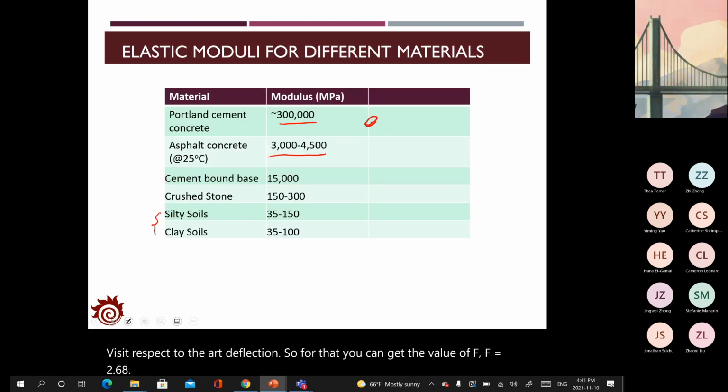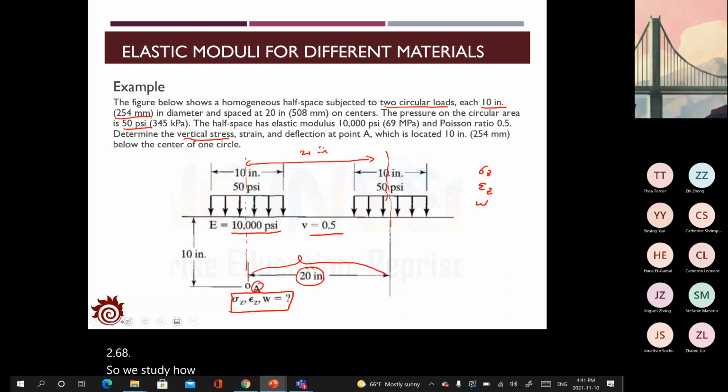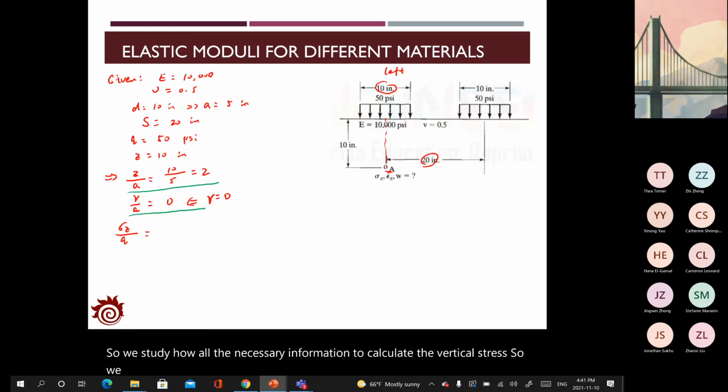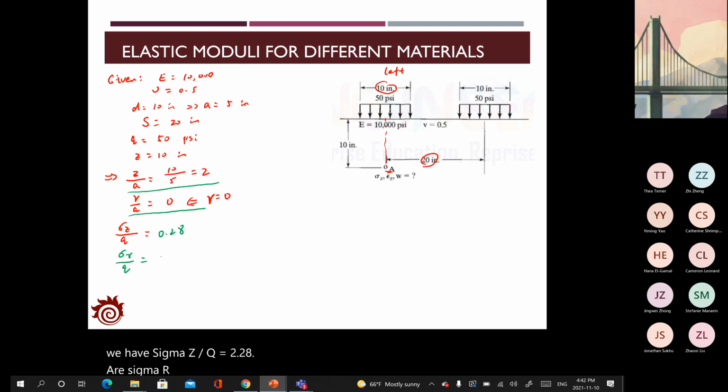So with that, we have all the necessary information to calculate the vertical stress. So we have sigma z over q equal to 0.28, sigma r over q equal to 0.016, sigma t over q equal to 0.016, and F equal to 0.68.